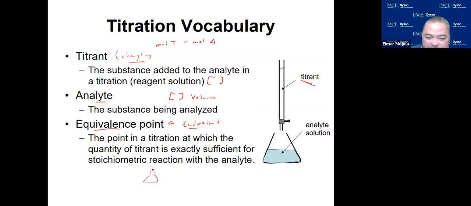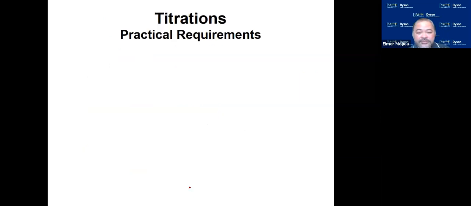What do we call that? Let's say we have 100 ml of the sample. What we do is we just use 25 ml. The term for a portion of your sample is the aliquot. Those are the terms that you can see in titration vocabulary.